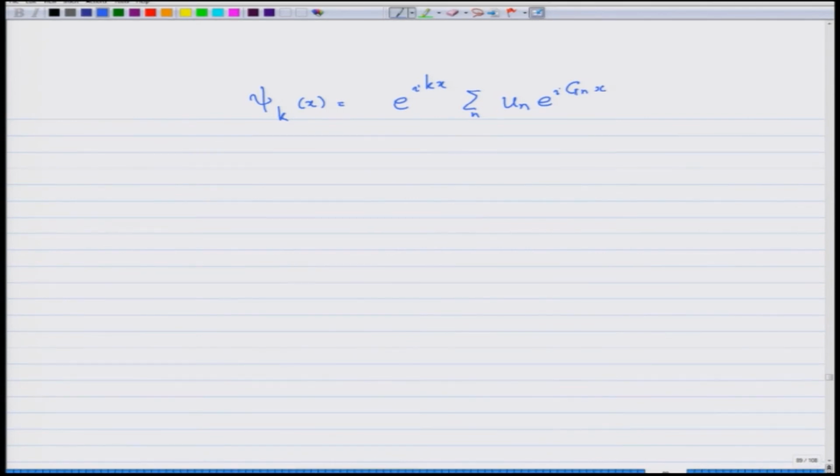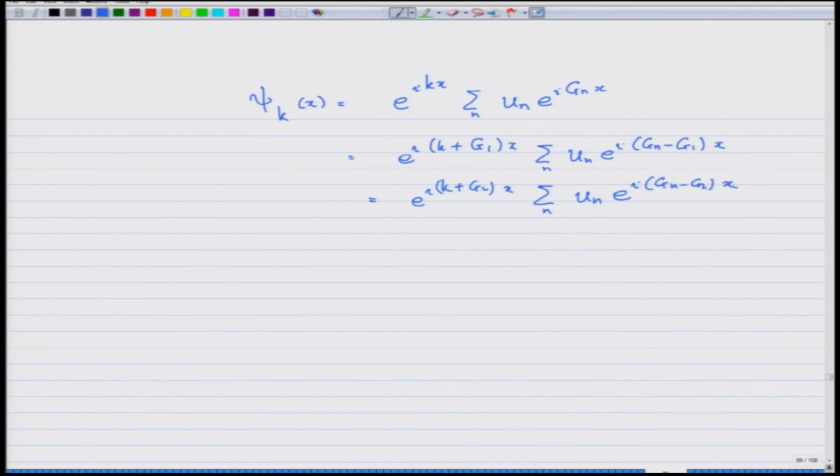I could also write this as e^{i(k + g_1)x} times the summation over n of u_n e^{i(g_n - g_1)x}. I could also write this as e^{i(k + g_2)x} times the summation over n of u_n e^{i(g_n - g_2)x}.